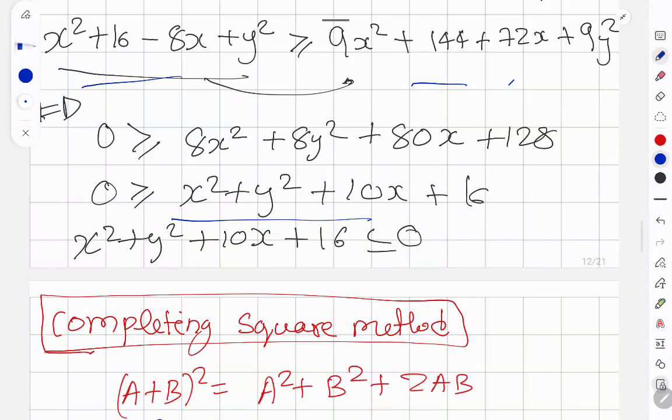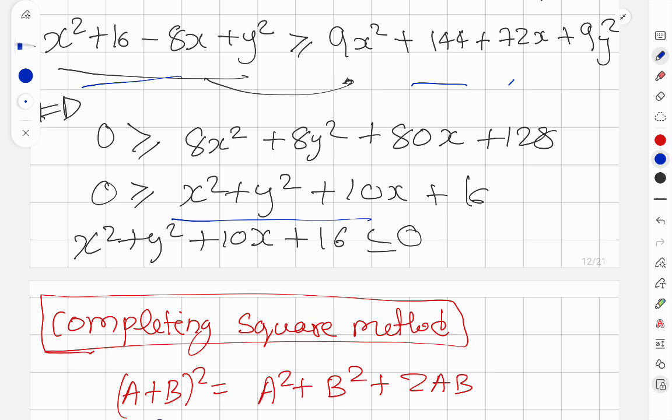And you see, you have x square plus y square plus 10x plus 16. When you see this kind of equation, have you studied conic sections? Equation of circle, equation of ellipse, equation of hyperbola, parabola? I don't remember anything. That's okay, even I don't remember those.